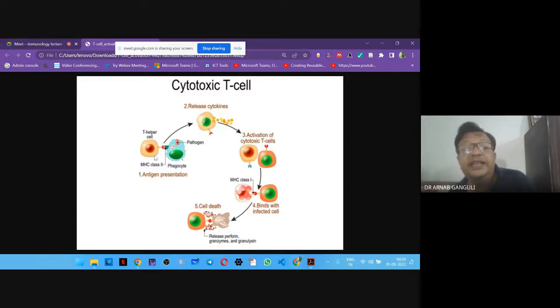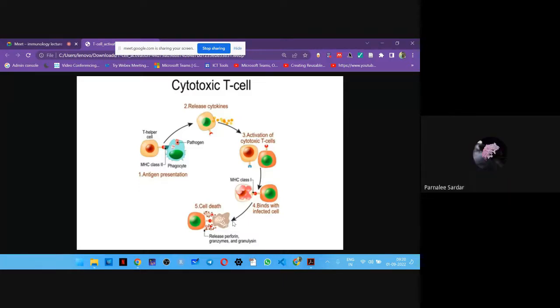Now these T cells have already been activated by this particular MHC2, and non-self antigens are presented. So a repertoire of different T cells will come, and the T cell which will bind with this class 1, it will bind and it will cause cell death. That infected cell will die. Is this clear? Yes, sir. Okay.